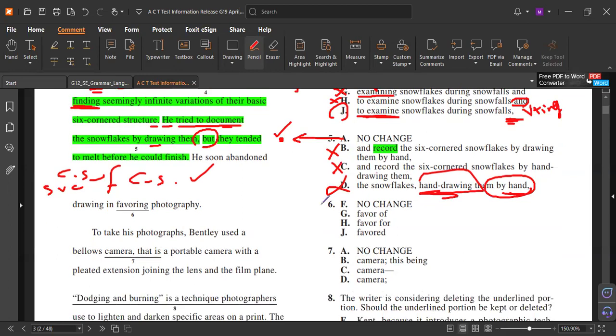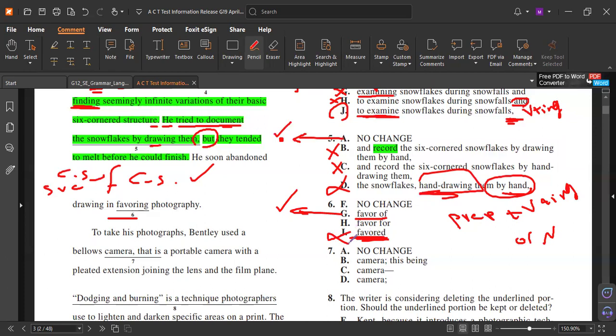In question number 6, it's about an idiomatic expression. We call it in English 'in favor of' something. In favor of, so letter G. Yes or no? Yes. And you have studied in chapter number 1, the preposition followed by verb plus ing or noun, not past participle.